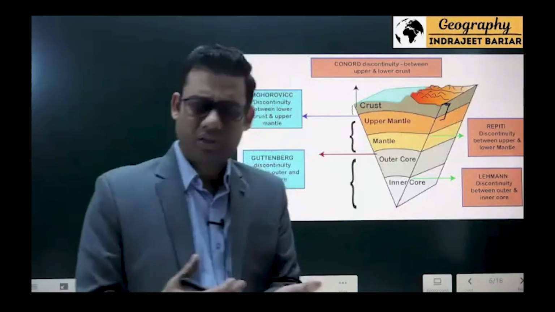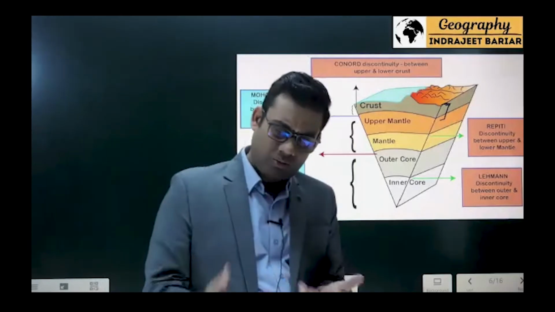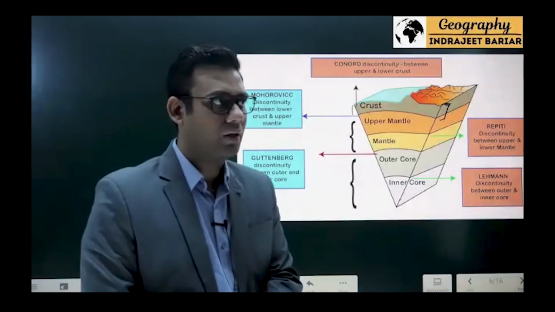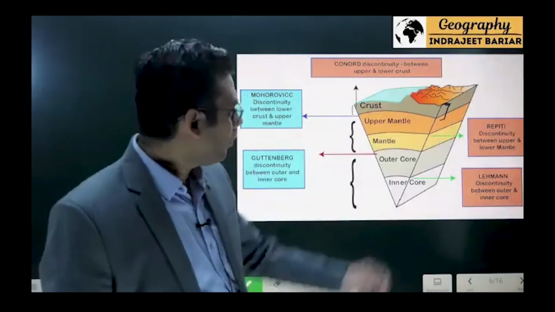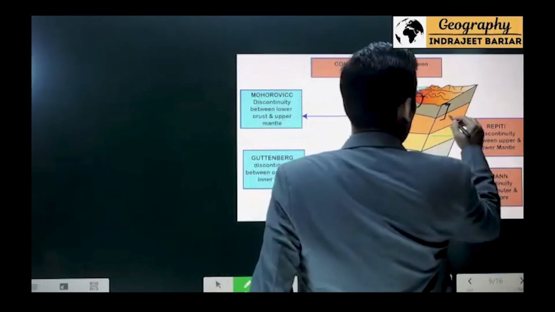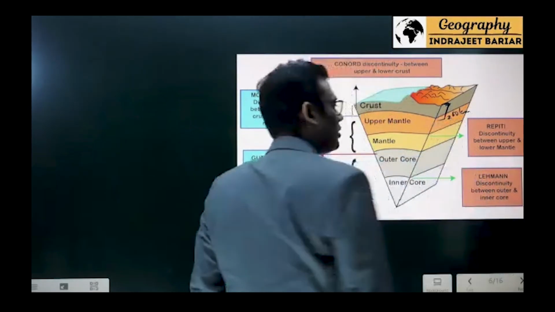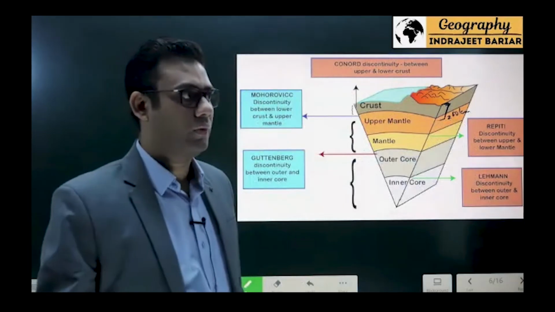At certain places it can go to 70 or 100 kilometers, like the Himalayas, which have very thick crust. Overall, I am taking this roughly, let's say up to 200 kilometers, from the surface up to 200 kilometers.